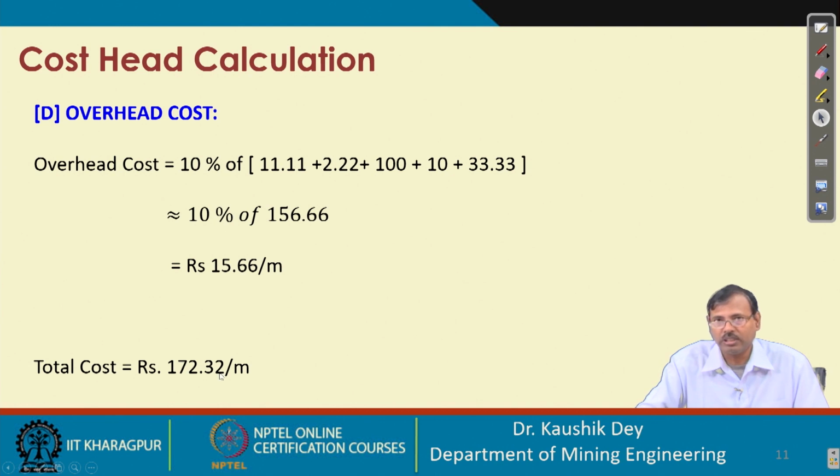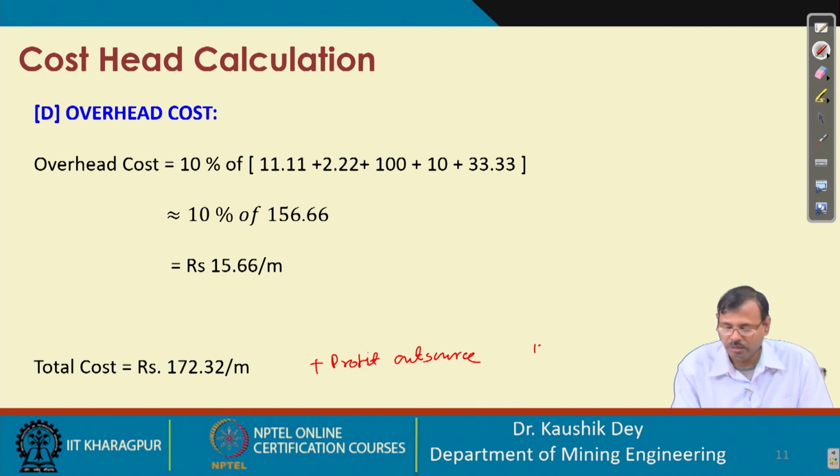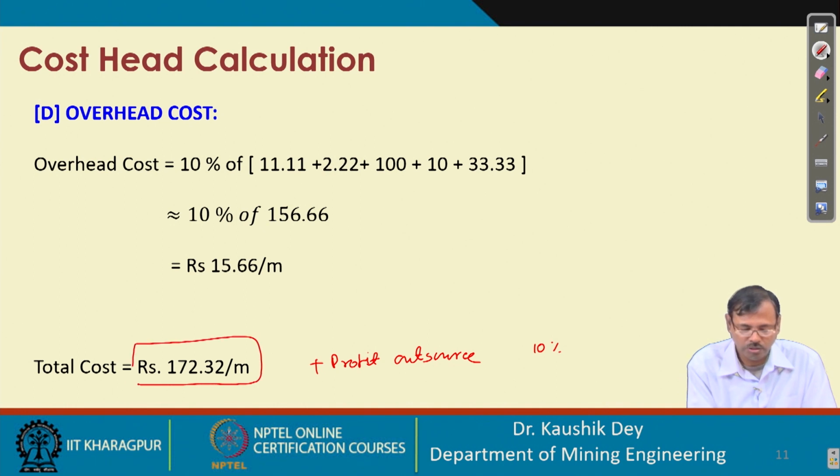If you are considering the contractual works, then in that case you have to consider the profit for the outsourced organization, and that may be 10% of the total cost, and that will come around 17.2 rupees.